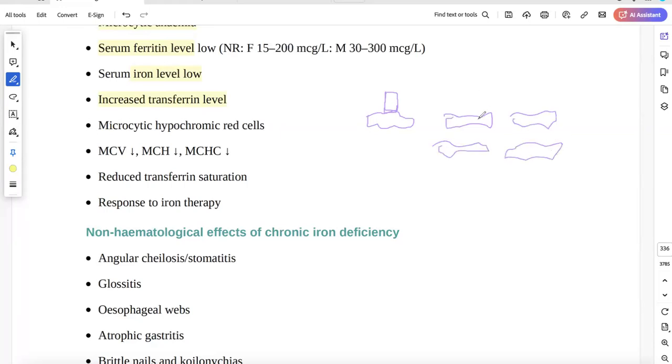So that's why you find increased transferrin level in the body, and decreased transferrin saturation, because there is not much iron binding with transferrin. More transferrin is available in the blood, causing the increased transferrin level, but because iron is low and not getting attached, the transferrin saturation is reduced. Okay, does it make sense for everyone?